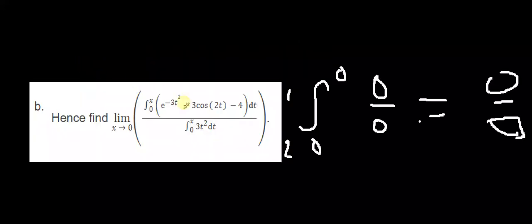However, since these are antiderivatives of our original function, we know that the derivative of an antiderivative, F prime of x, where the big F is the antiderivative, is just equal to f of x.